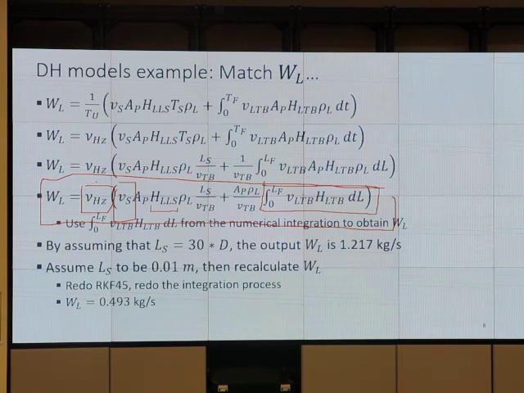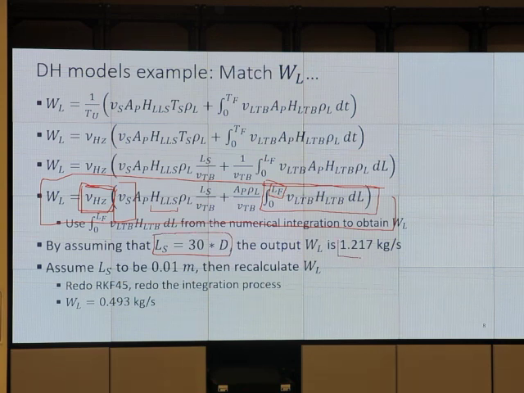If we have frequency and slug length, they are related, right? VTB has something to do with LU, right? You remember that? So this will tell us the output of WL, and it should be the same. So I assume that LS is equal to 30 diameters.